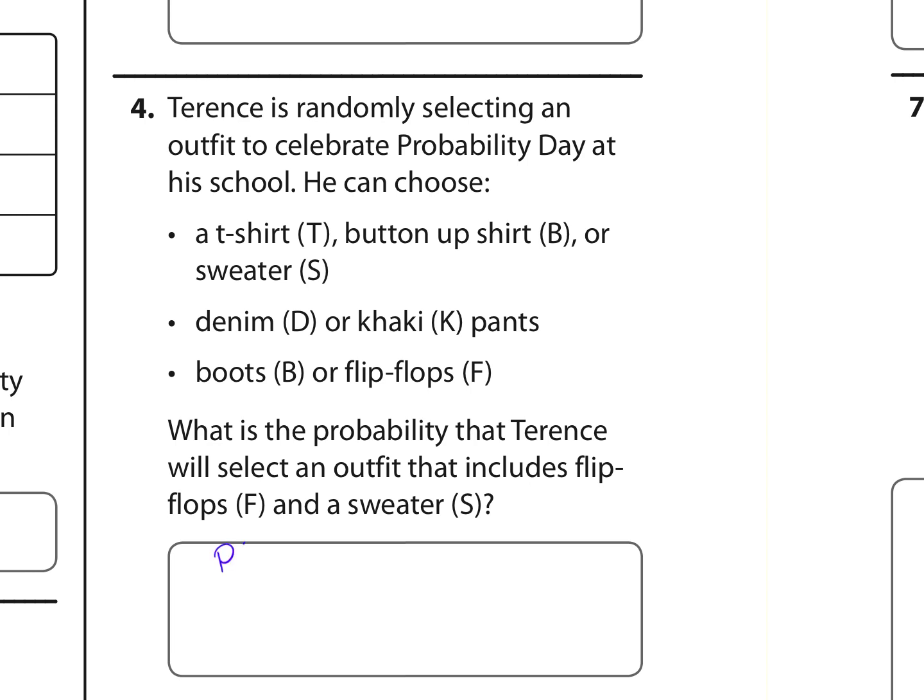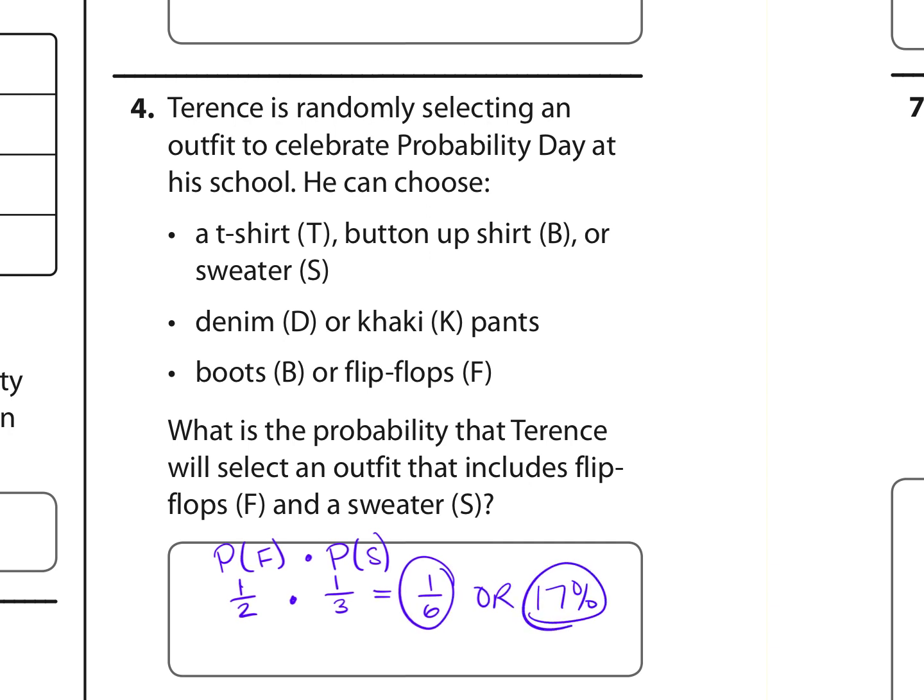So the probability of flip-flops times the probability of a sweater. Well, half of the shoe options are flip-flops. A third of the shirt options are a sweater. So there's a 1 out of 6 chance, or we would round that to about 17% if we looked at a percentage.